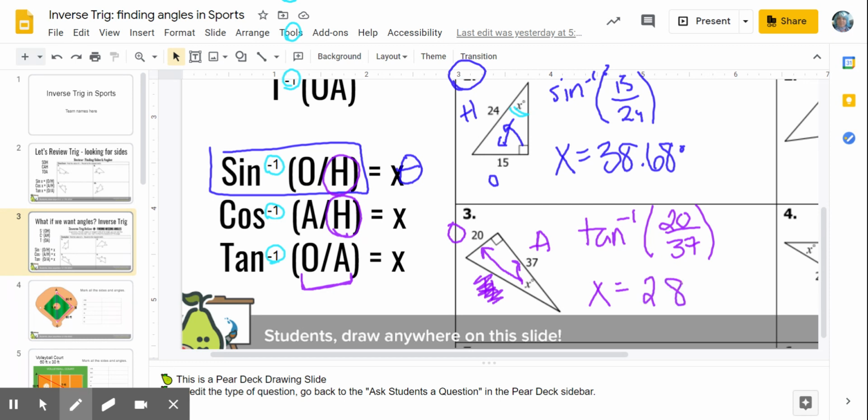So I got 28.4 for number 3. It should be 20 over 37. Because it's O over A.